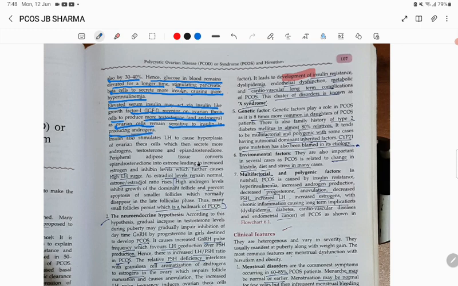Insulin also stimulates LH to cause hyperplasia of the ovarian theca cells, which will secrete more androgens: testosterone and androstenedione. Peripheral adipose tissue converts this androstenedione to estrone, leading to increased estrogen level.